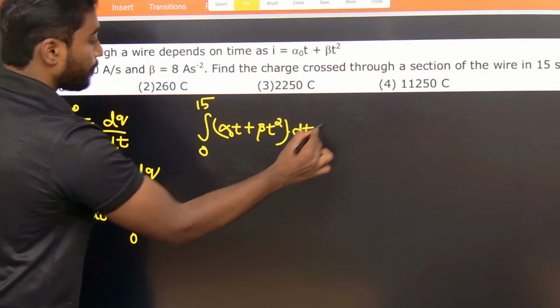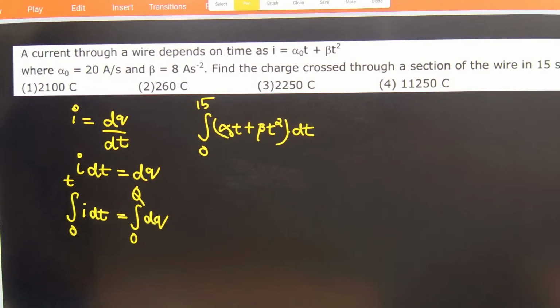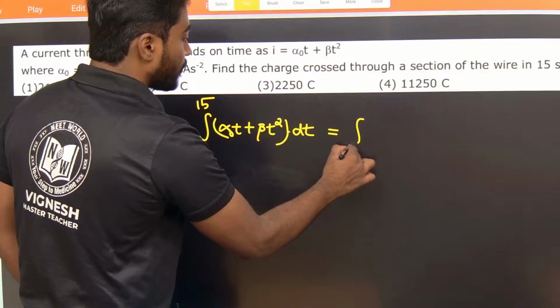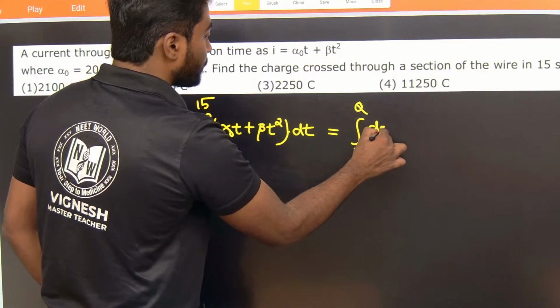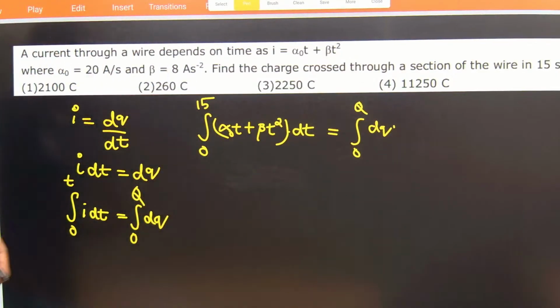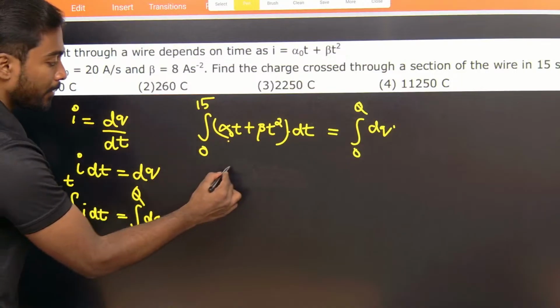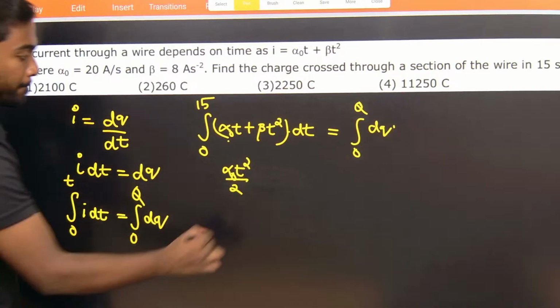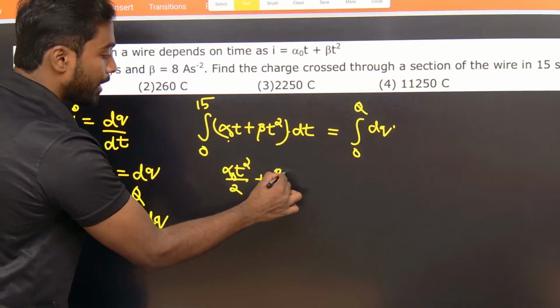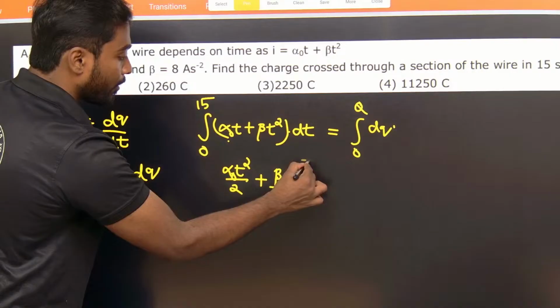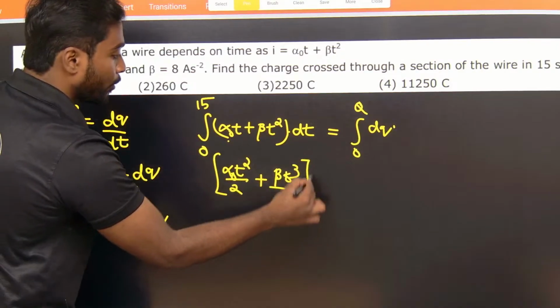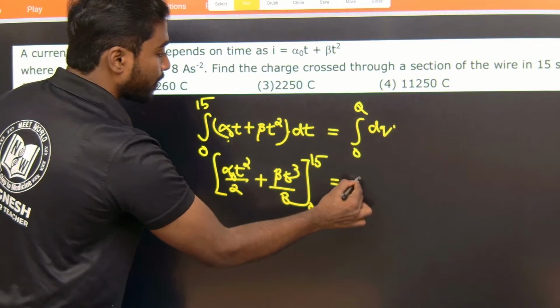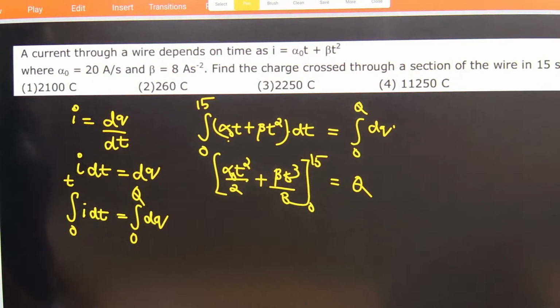Time is from 0 to 15 seconds. So the integral of alpha t plus beta t square with respect to dt is equal to the integral from 0 to q of dq. If I integrate this, we get alpha t square by 2 plus beta t cube by 3, with limits 0 to 15, and this is q.